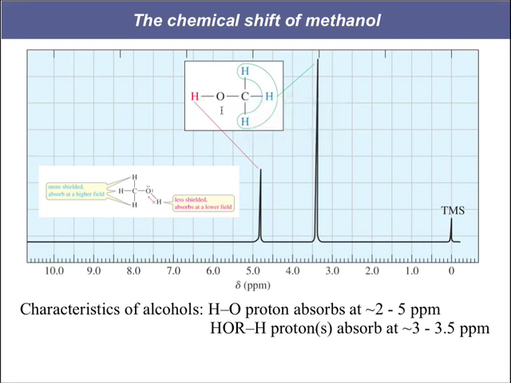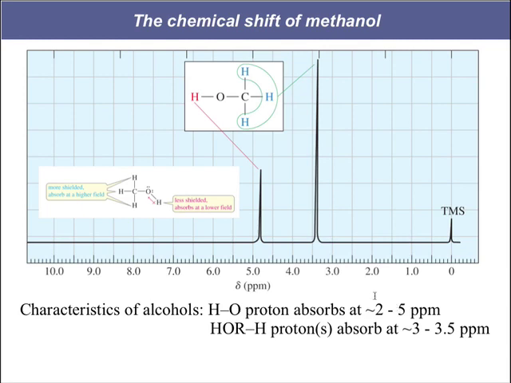When a hydrogen bonds with another molecule, like an OH on another molecule, that will change its environment. So the frequency that it absorbs will change depending on how much it is hydrogen bonding with other things in solution, and that is determined by concentration. That's why we see a fairly large range for OH hydrogens. But anyway, they show up between 2 and 5.